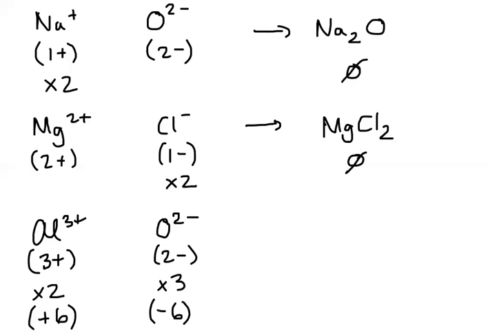So 3 O2 minuses gives you negative 6, and 2 Al3 pluses gives you positive 6. So from that, we have 2 Als, because we multiplied that by 2, and 3 O atoms, which means we have Al2O3, and that is a neutral compound. So notice that the subscript is not the charge, it is the number of that type of atom that is needed to cancel out the opposite charge.